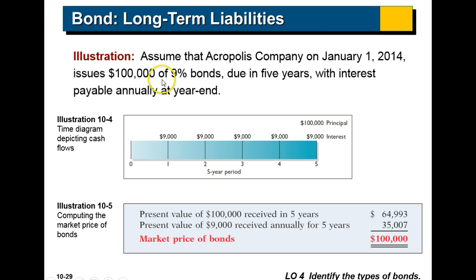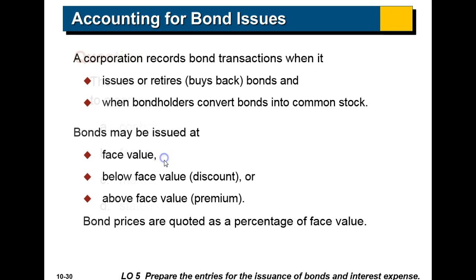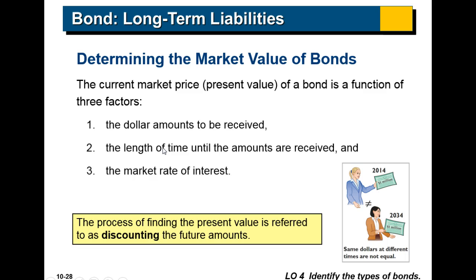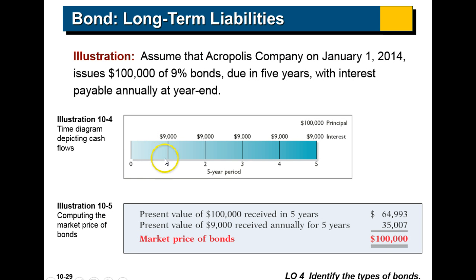It's 9% bonds, which means technically $9,000. So $9,000 is due at the end of year 1. $9,000 is due at the end of year 2. $9,000 is due at the end of the year 3, 4, and 5. And then at the end of year 5, in addition to that $9,000, they owe back the principal, the whole $100,000.